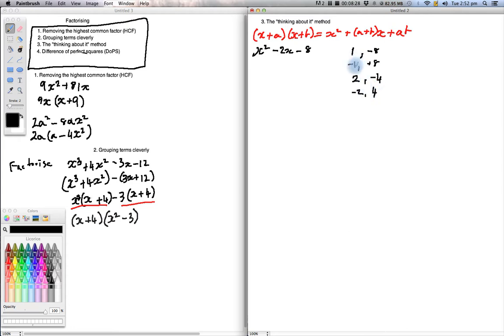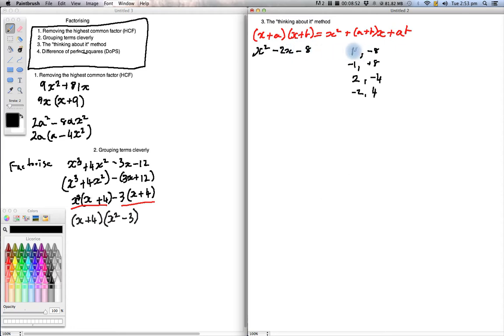What else? That's everything. So those are our options for what a and b could be. Now we need to look at this middle term, and it's minus 2. Now we know that that middle term is a plus b. So we've got to look at these options and say which one, when you add them together, gives minus 2.